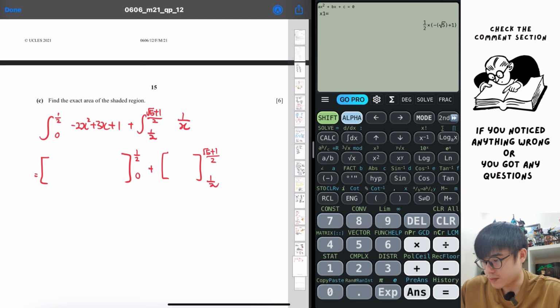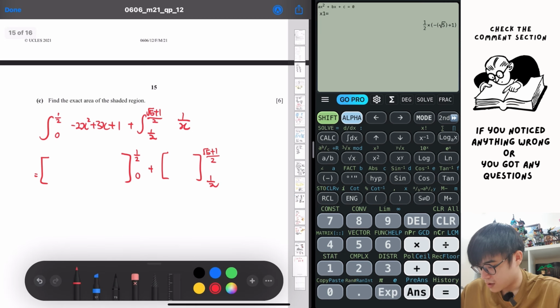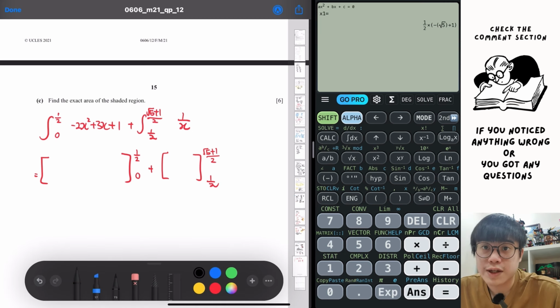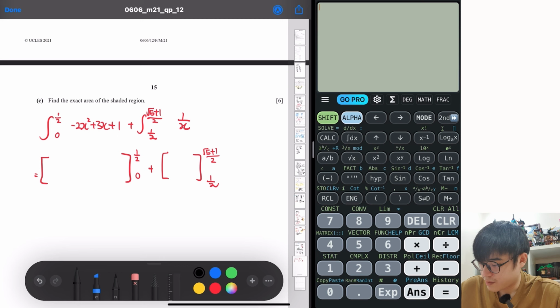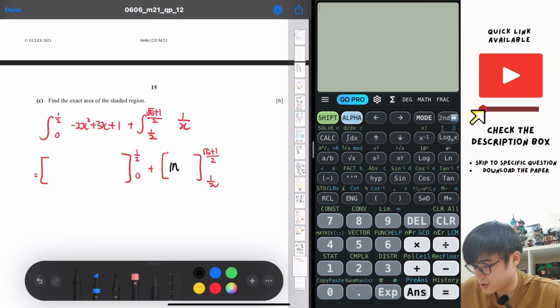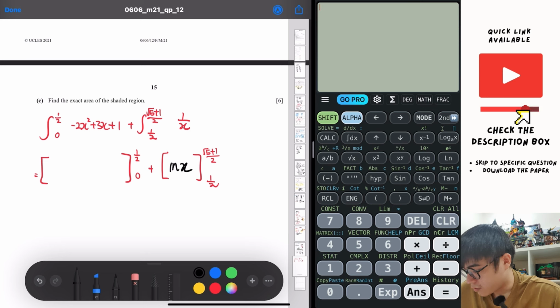you might find it troublesome to get it done. Okay, I will show you the calculation on the side for the integration part. So we actually do the one at the back first because it's just ln x. Quite straightforward for that. But for the rest, it's slightly tricky. If you can, you can split them up if you don't know how to do it.